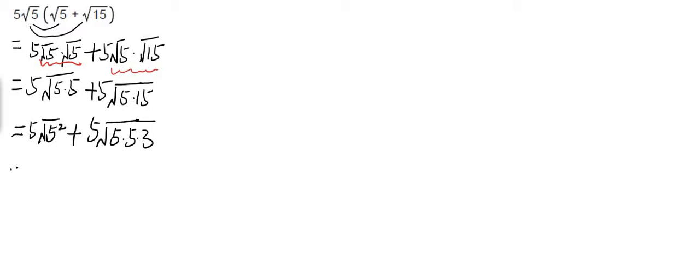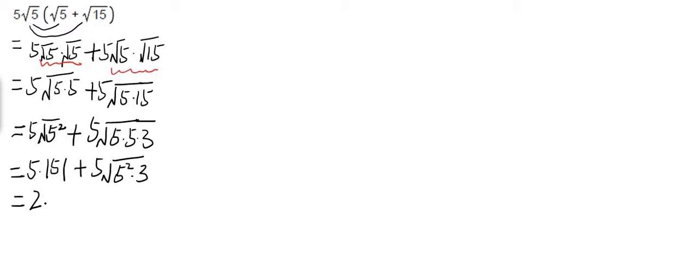Then square root of 5 square for this term gonna be 5 times the absolute value, and for the 5 times 5 here is 5 square times 3. Okay, and again here absolute value is 5, right?